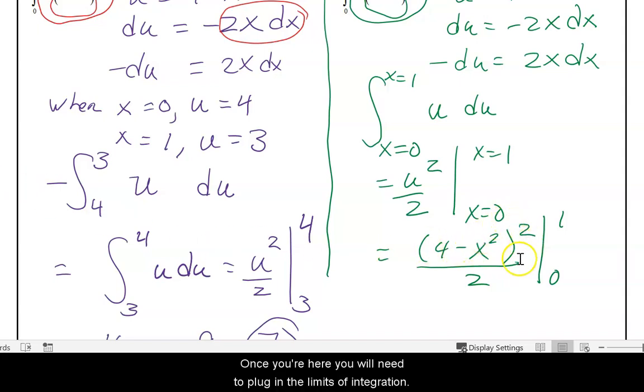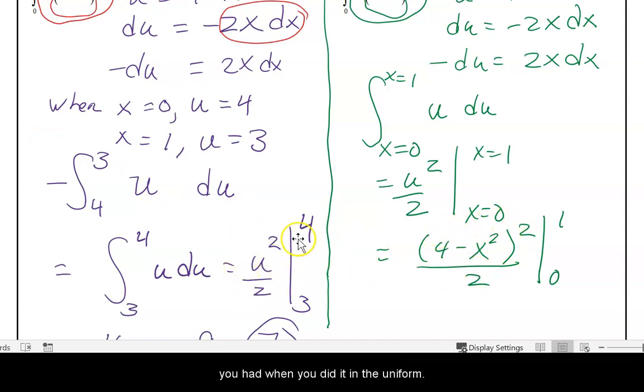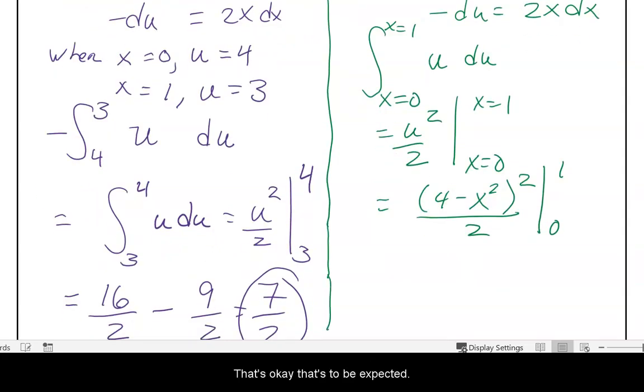Once you're here, you will need to plug in the limits of integration. Notice that you have a completely different thing in which you're plugging in the limits of integration from what you had when you did it in the u form. That's okay. That's to be expected.